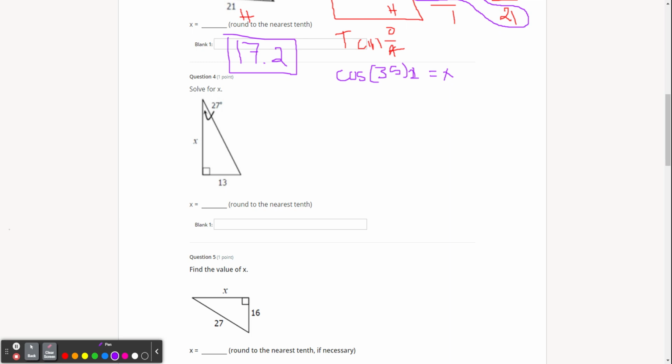And then what is the 13? Absolutely. The 13 is the O. And what's the x? Adjacent. So what am I going to use? Sine, cosine, or tangent?